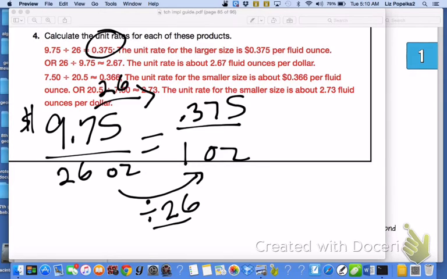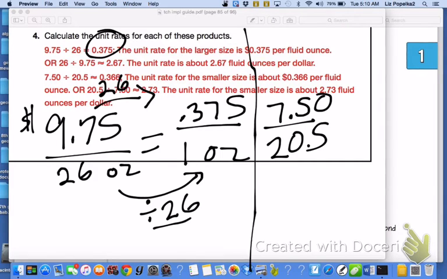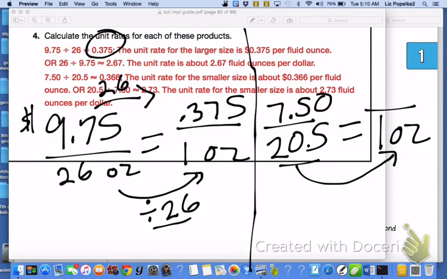Then for the other unit rate, I did 750, and it was 20.5 ounces in the original problem. Again, I didn't care how much 20.5 ounces cost. I wanted to know how much just 1 ounce cost. So I was using a rate with a 1 in the denominator instead of any other number.